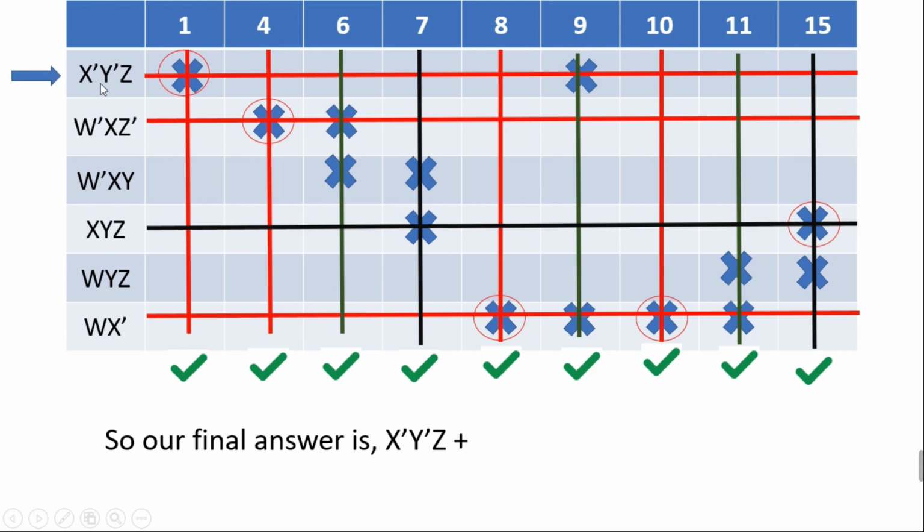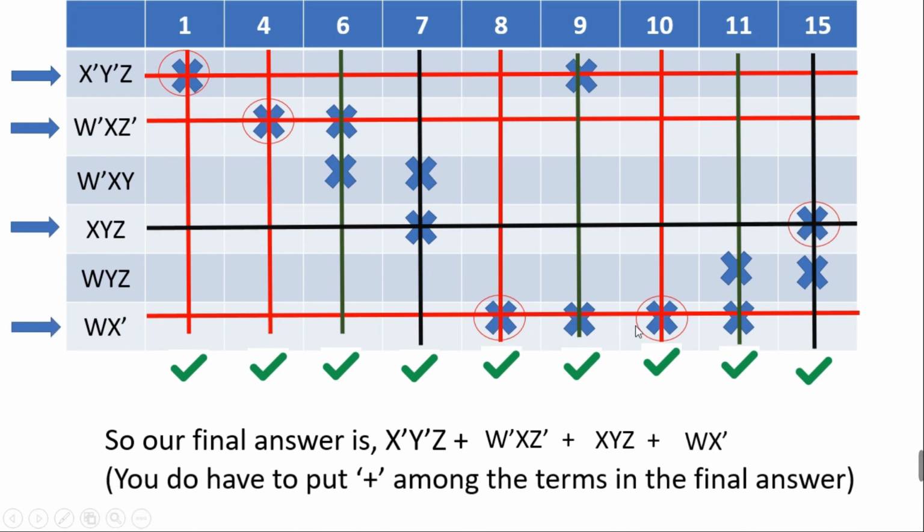So at first x prime y prime z, then for the second circle we get w prime x z prime and put plus sign between them, and then we get xyz for the third circle here, and for the final marked x's over here, we get wx prime. So here we'll write those prime implicants and we'll put plus sign among them.